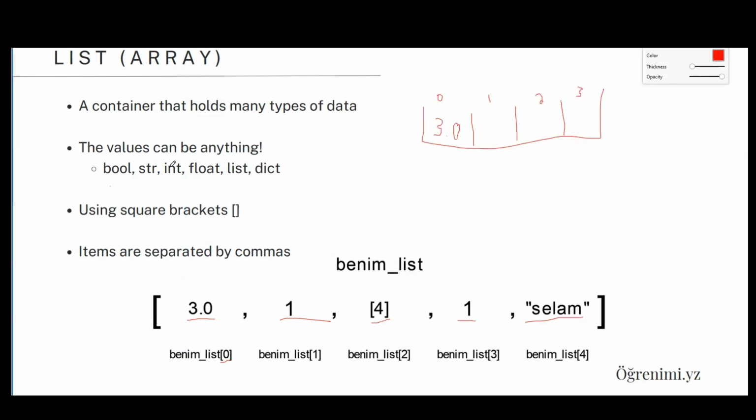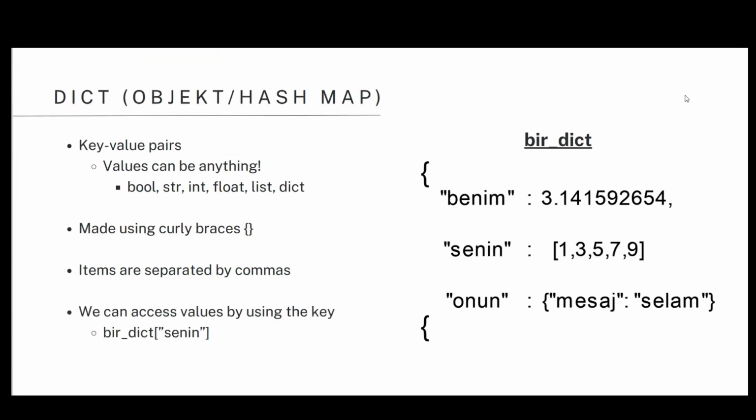All right. Next, we have a dictionary. In other languages, it's also called an object or a hash map. In Python, we say dictionary. So what a dictionary does is it basically has key value pairs, where just like a list, the values can be anything, any data type.